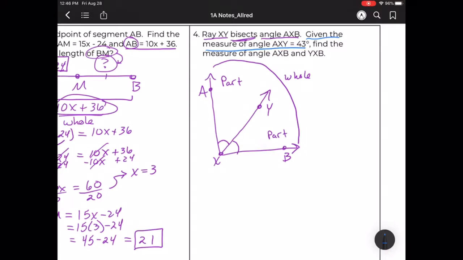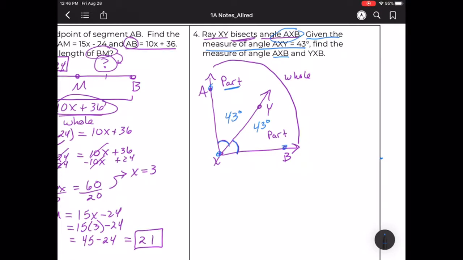Well, now I'm going to fill in what I know from the problem. We are given that the measure of angle AXY, that's one of the parts, is 43 degrees. Now they just say find the measure of angle AXB. AXB, that was our whole thing. Well, in this case, if one part is 43 degrees, the other part is also 43 degrees because this is an angle bisector.